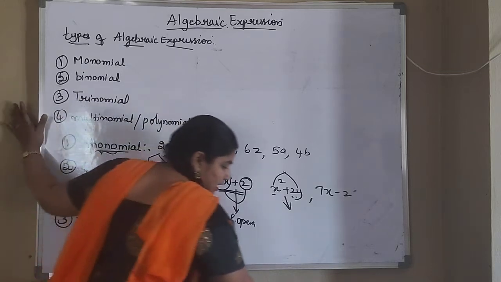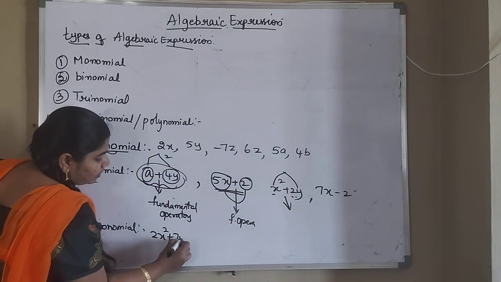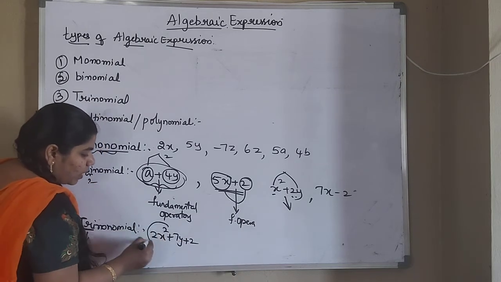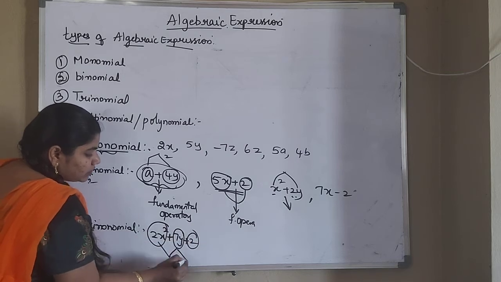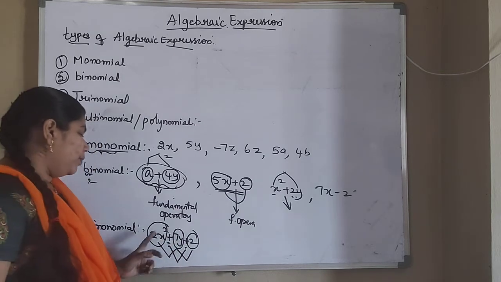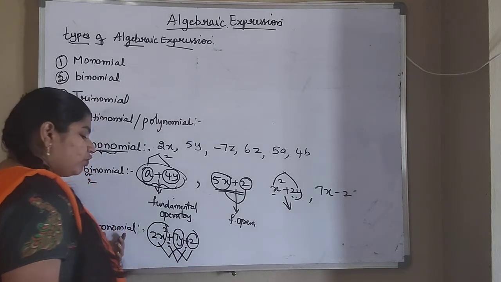You can take the example 2x square plus 7y plus 2. How many terms are there? Three terms are there: 1, 2, 3. And all three terms are connected with fundamental operations. So that forms a trinomial.